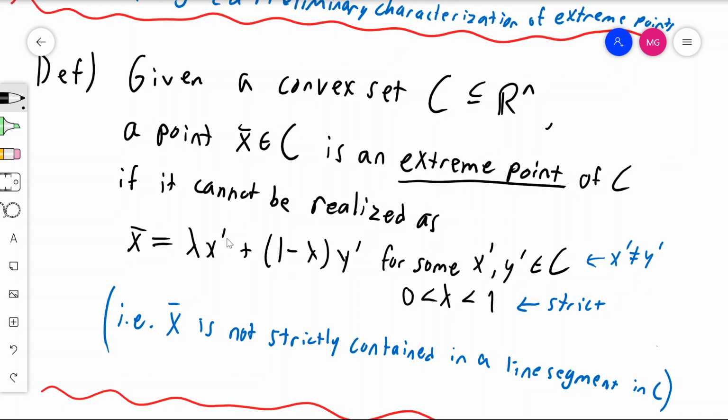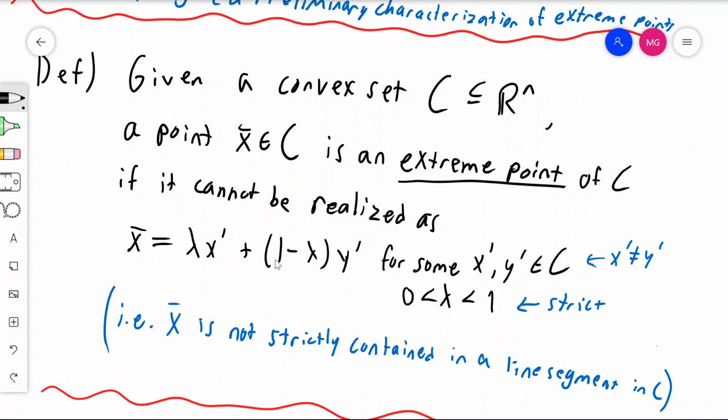So remember, if I let lambda be a parameter that ranges over the whole interval 0 to 1, including the endpoints, then this right-hand side, when you let lambda vary, is the entire line segment from x prime to y prime. That's what this is.